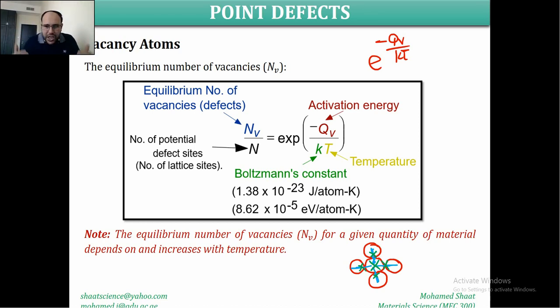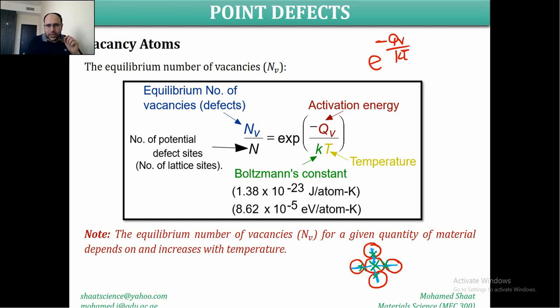Melting the material or heating the material, increasing the temperature, weakens the bond, or it can reach the point of completely breaking the bond. So at a certain temperature, the bonding between some of the atoms will be broken, and in that case, more vacancies are going to be generated upon increasing the temperature.